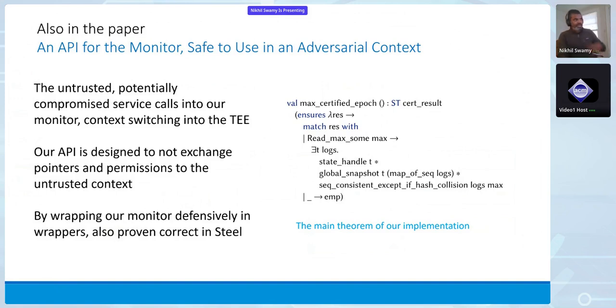And this then leads to our main theorem, which is you can call into the aggregator thread to find out the maximum certified prefix of the client interaction so far. And if it succeeds, this conjunct of the specification tells you that up to a certain epoch, the interaction of the clients with the service is sequentially consistent, except for a hash collision.